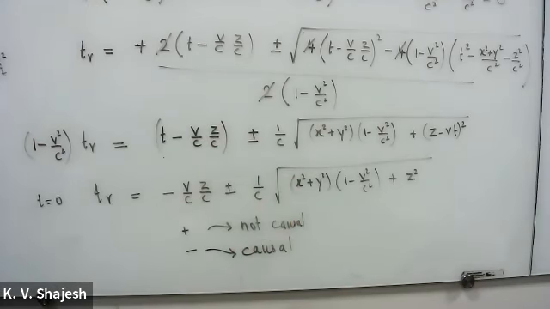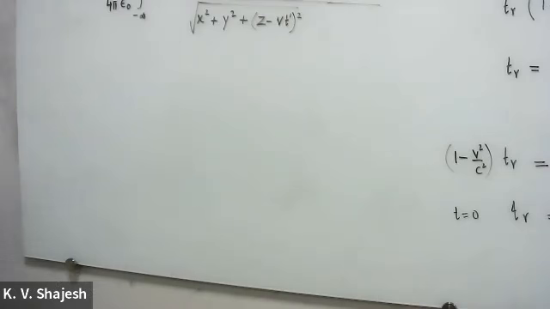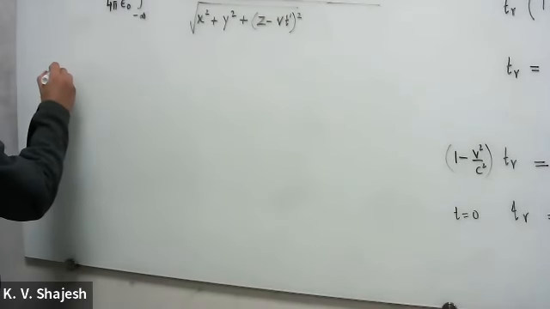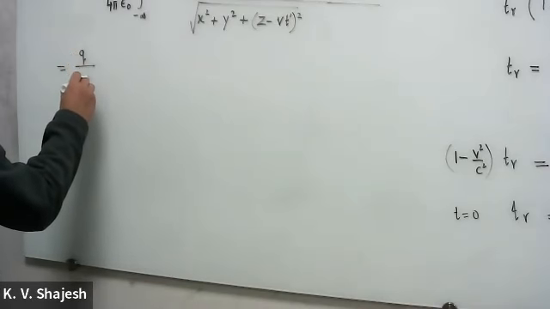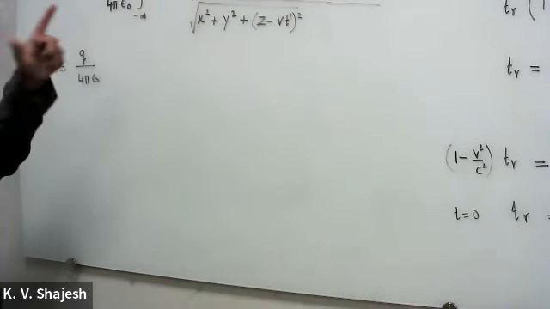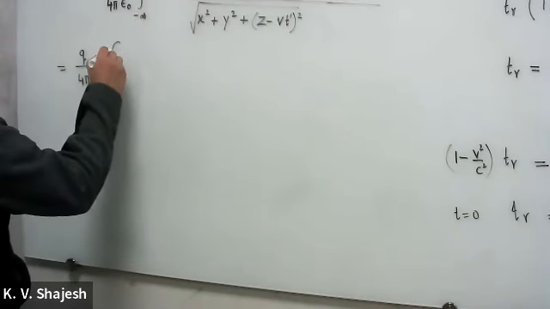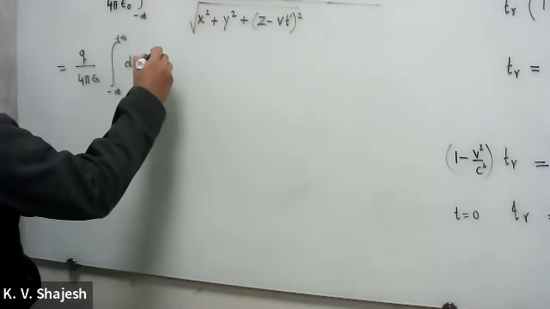So our solution for the electric potential would be Q over 4 pi epsilon naught, first, the integral from minus infinity to plus infinity. Write this as a single delta function.